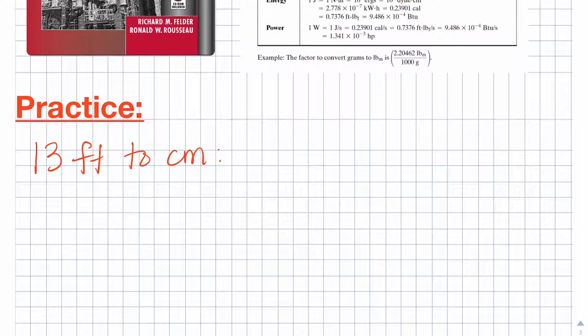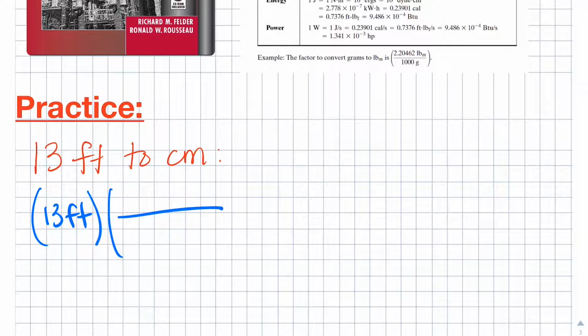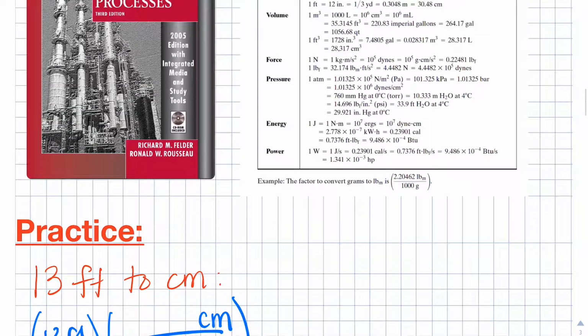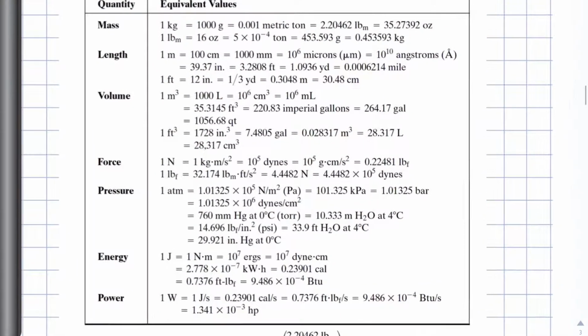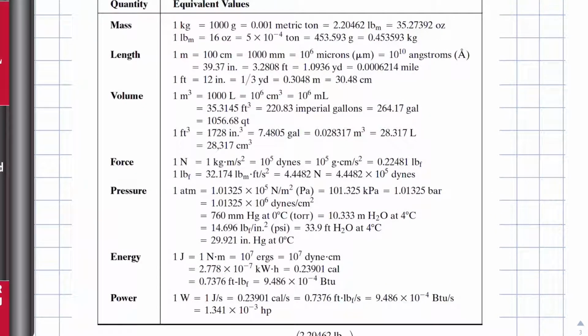Let's start off with something simple, a length conversion, 13 feet to centimeters. The easiest way to do a problem like this is to write down what you have, 13 feet, and whatever starts up must come down. That's so it can cancel, right? If I divide feet by feet, they both cancel. So we want to go feet to centimeters. Let's look on our chart and see if we have anything that will give us that direct conversion.